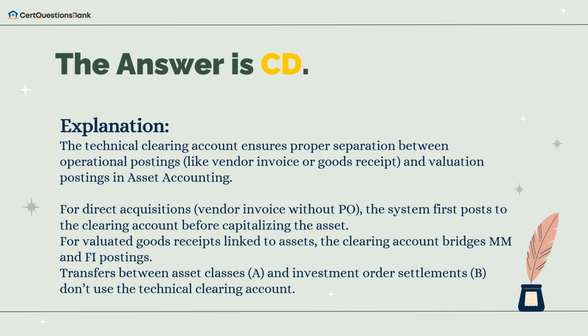For valuated goods receipts linked to assets, the clearing account bridges them and FI postings. Transfers between asset classes, A, and investment order settlements, B, don't use the technical clearing account.